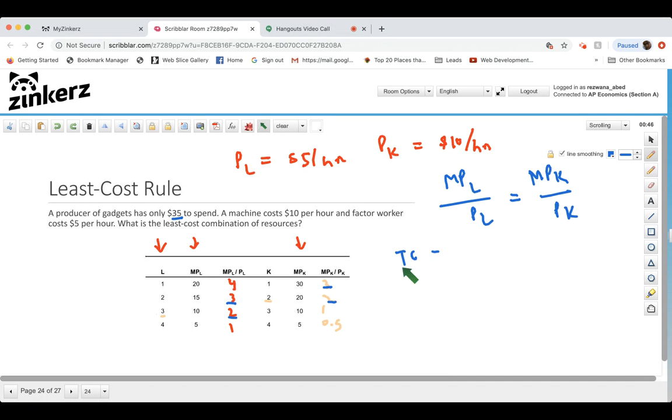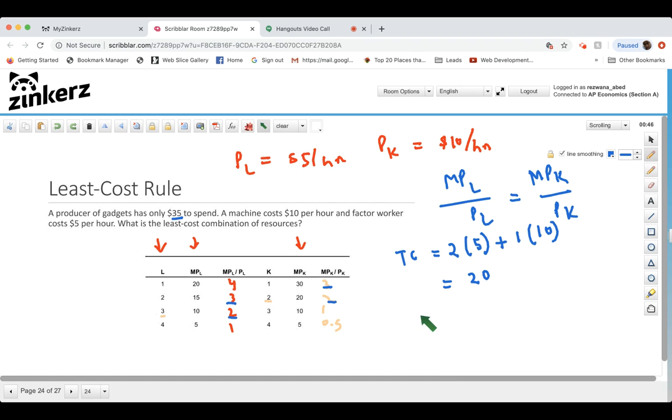It's 2 laborers, so 2 times 5, the price of labor, plus 1 machine times however much the machine costs me, so $20. So if I were to use that combination, 3 and 3, okay? And the other combination was to go with this ratio, 2 and 2, and that would give me, sorry, what is it?